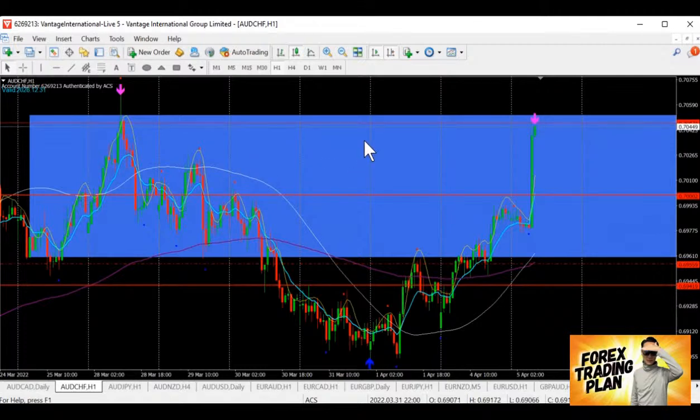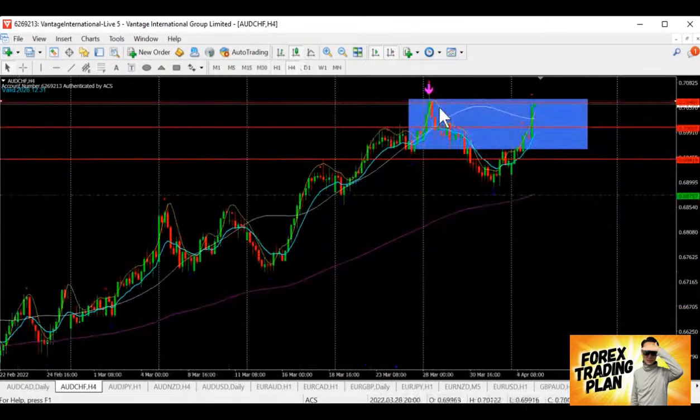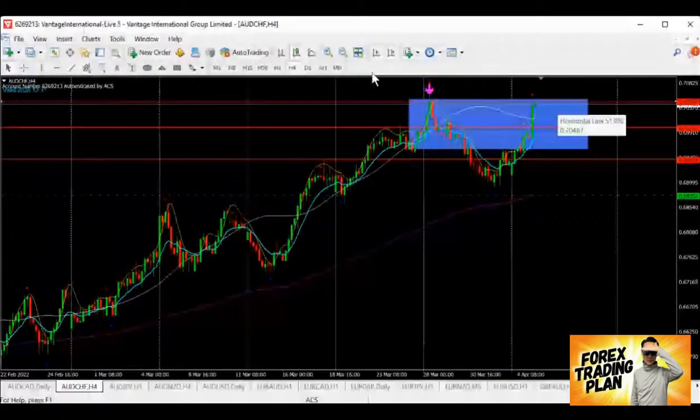I think Aussie franc is also not very ideal, so I will not touch it. Buying is not possible because right now we are meeting one resistance here. As you can see, this is the transition area, and the resistance is on the transition area.